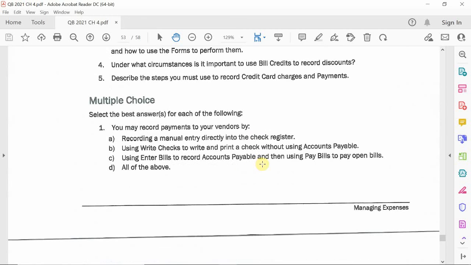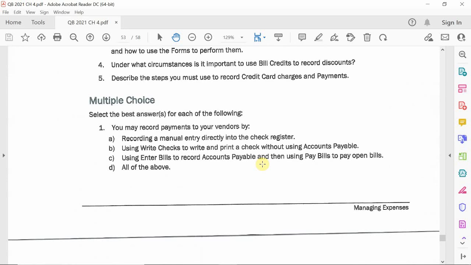So number 1, okay? All right, you may record payments to your vendors by... Can you? Okay, there you go. Will it be D? It would be D, all of the above. That is correct, right?